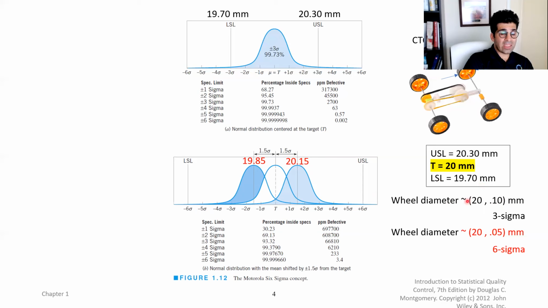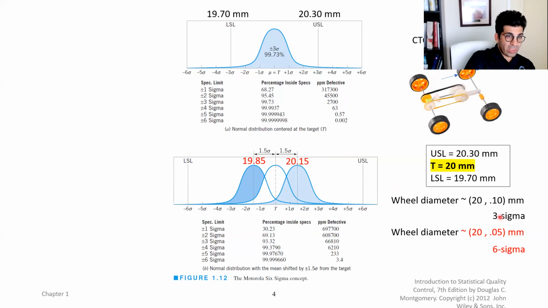So for this distribution, the mean is going to go up to 20.15, and it can go down to 19.85. All right, and we use this formula because the lower the variation, the lower that shift is likely to be.